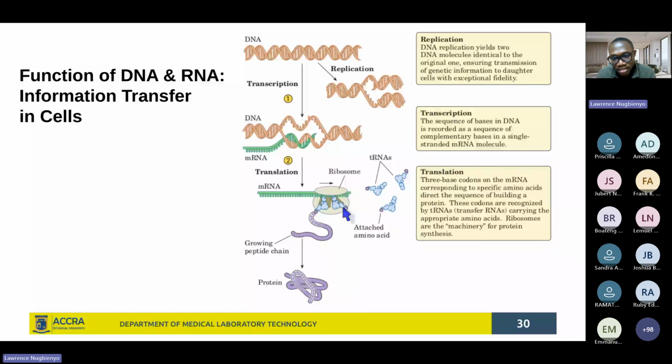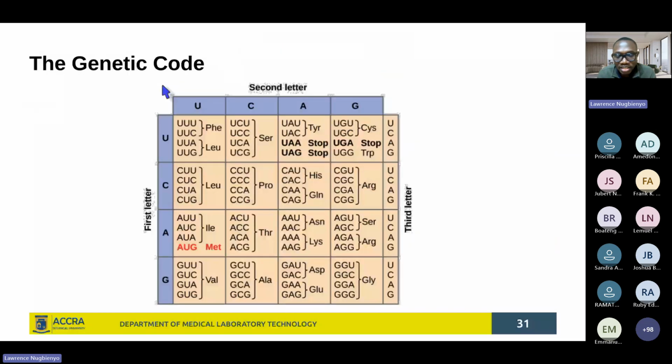Then I think, okay, let's take a look at the genetic code. Then we can end it here for the genetic code. And then when we meet next time, we will then start looking at the processes one after the other.